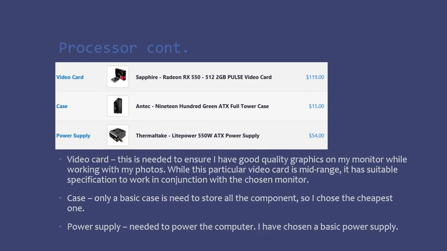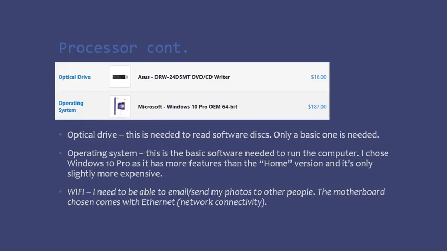Some more processing, a video card, a case and a power supply. Don't forget you need to have a power supply to make things work. A case, you have to store all the components, but it doesn't have to be a fancy one.